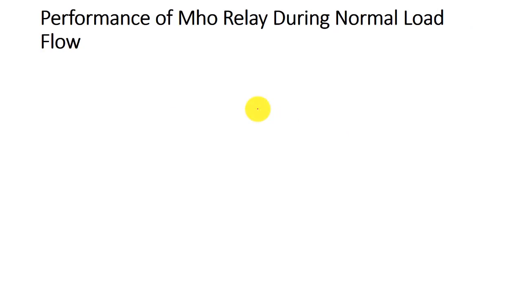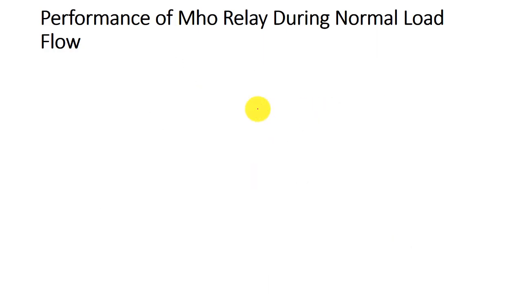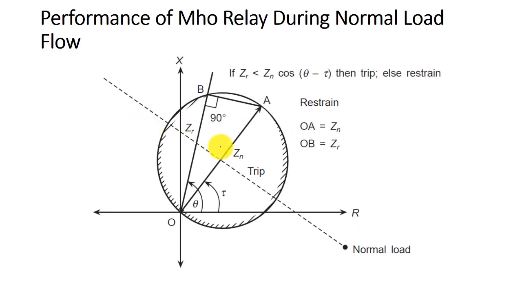So let us see the performance of Moore relay during the normal load condition. I have already told that under normal load condition, the operating point will lie somewhere here, near the R-axis. Now if we plot the operating characteristic, it will look like a circle. It will cover very little area in the first quadrant and a very small fraction of area in the second and the fourth quadrant.